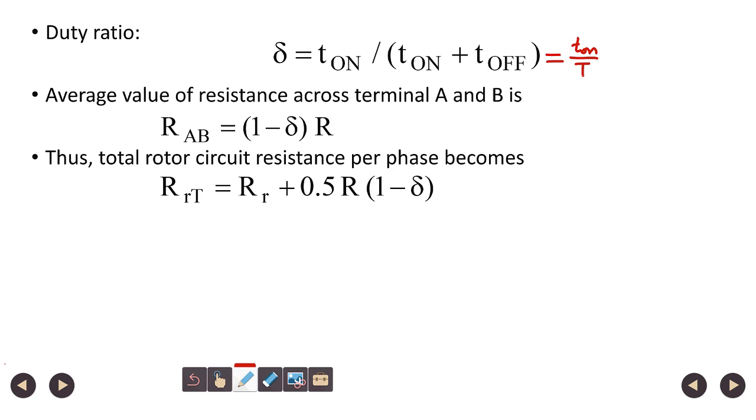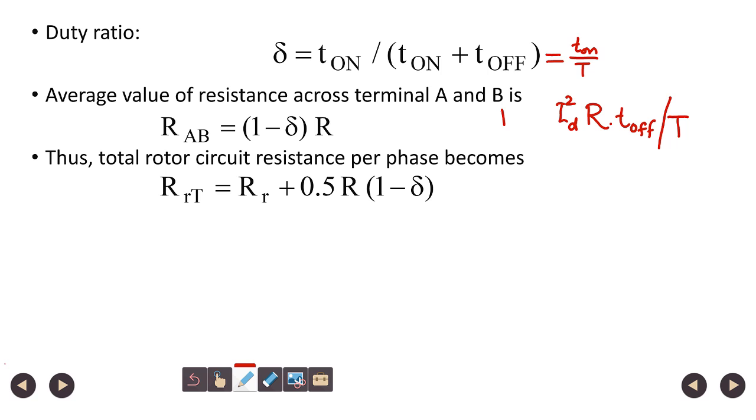When the chopper is off, the effective resistance between A and B is R. So, power dissipation is I_d squared into R. Power in the resistance between the points A and B is P_AB equals I_d squared into R, and this power is dissipated in the external resistance when the chopper is off, and that is for a time T_off, and in a total time period T, this is the total power dissipated.